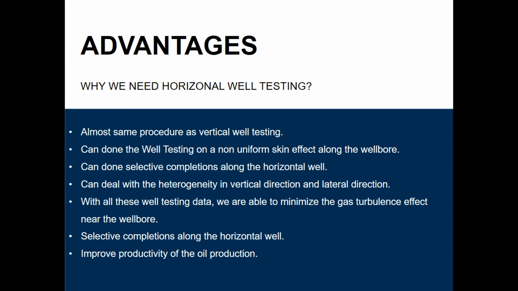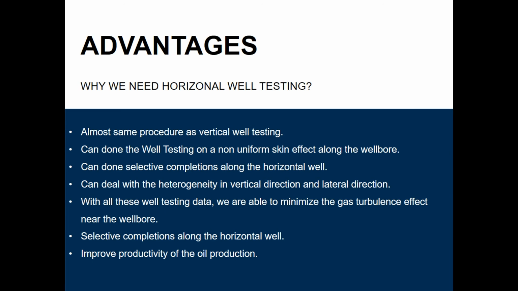Besides, horizontal well testing is very useful since it can study the heterogeneity of the vertical direction and lateral direction. This is because in a horizontal well, both the vertical and lateral heterogeneity will influence the productivity very greatly.